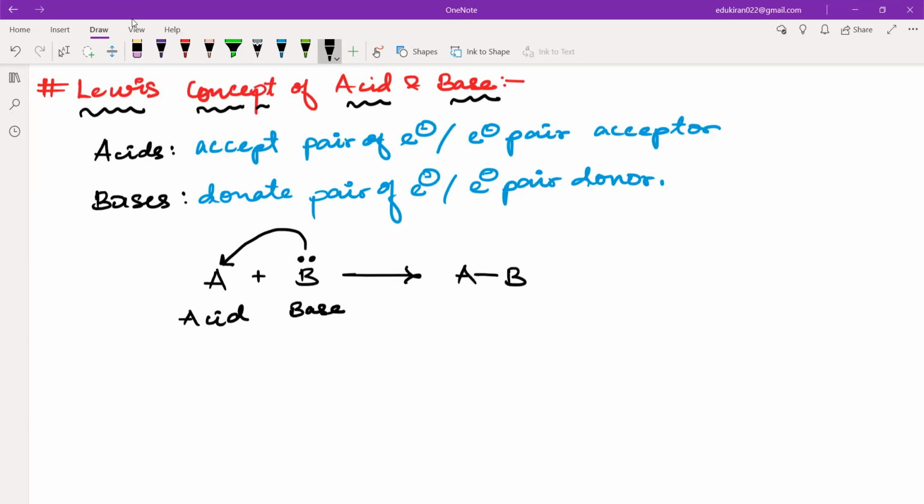So he generalized all the reactions, and in this way all of these reactions are a flow of electrons from one species to another. So we can categorize everything into an acid and a base, right? First of all, we will look at Lewis bases and how to identify them.